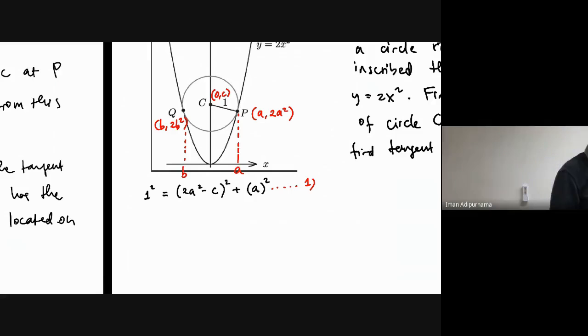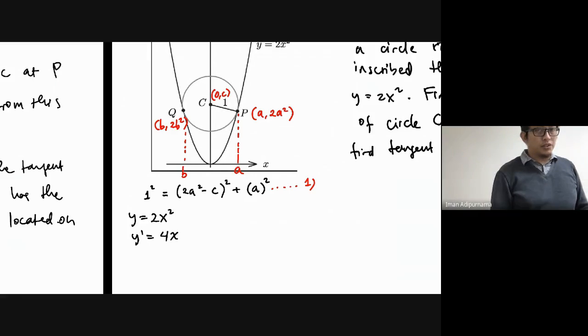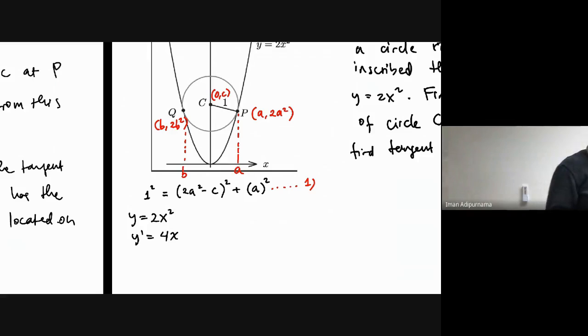And then we check the equation y equals 2x squared. To observe our points P and Q, we can observe the tangent. So let's differentiate this, it becomes 4x. So 4x will be the tangent gradient.